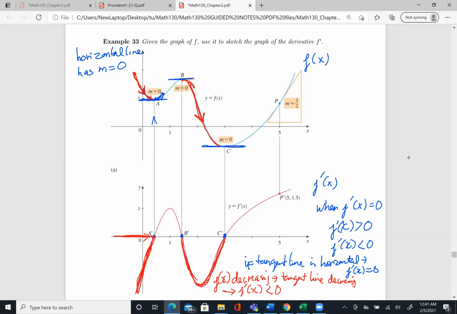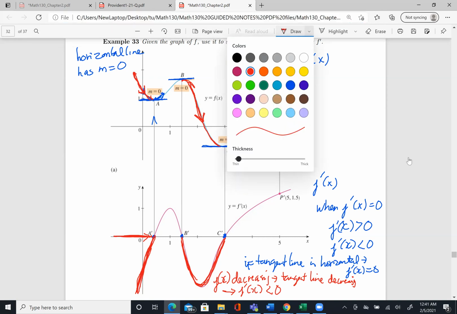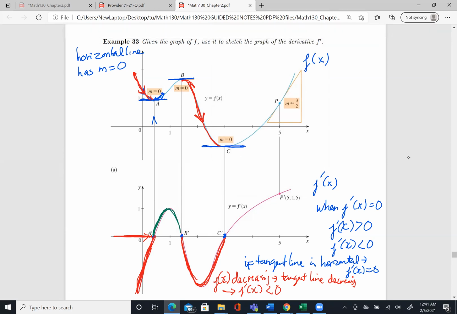That's going to help you determine the negative or positive sign of f'(x). Okay, so now let me check the parts that are increasing, or that have f'(x) positive.